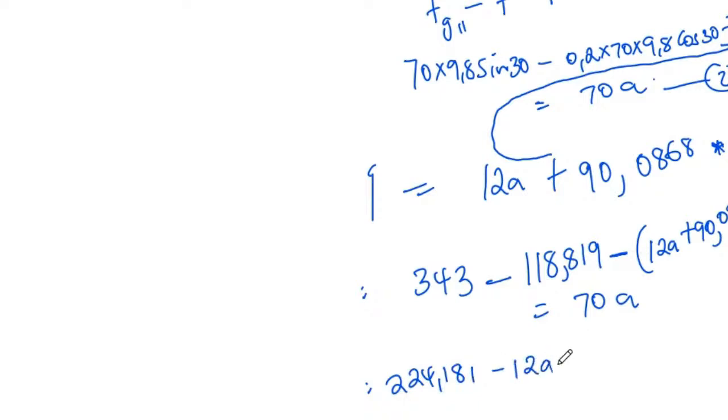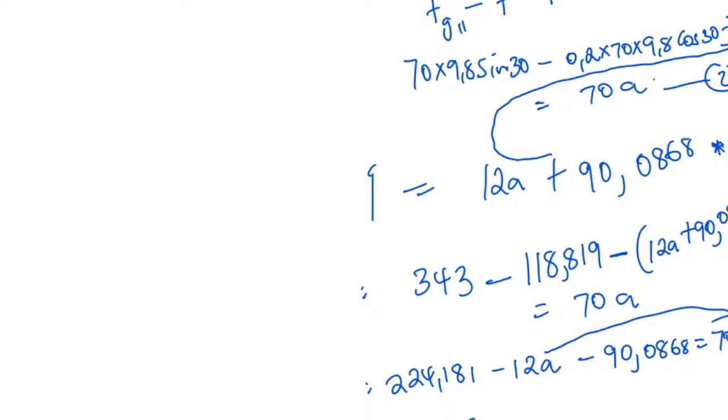So minus 12A minus the 90.0868 must give us 78. So I can move this 12A to that side. That's going to give me 82A.